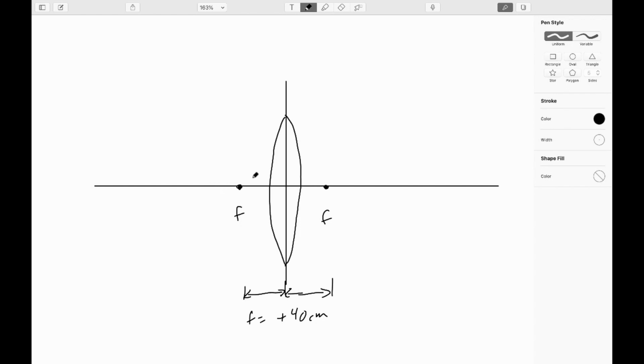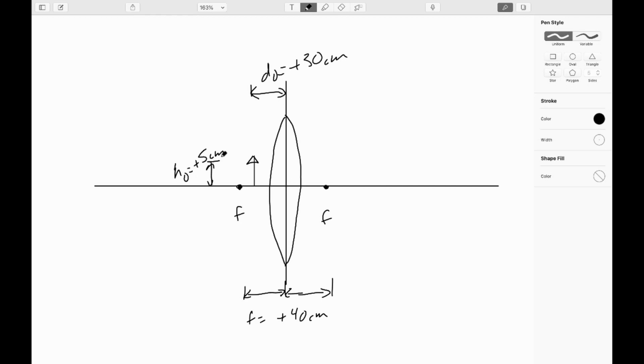And I'm going to stick my object at dO equals plus 30 centimeters. We'll also say that the object height is plus 5 centimeters, plus because it's right side up.